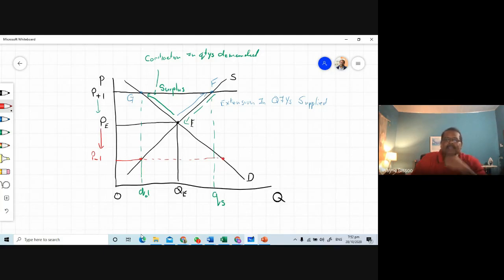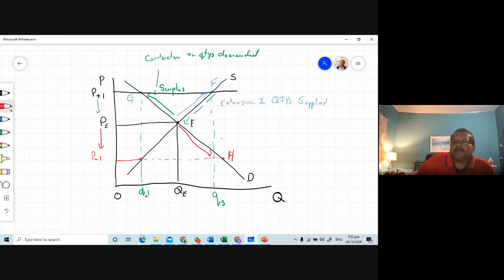So what's happening is that the first thing that's going to happen is that the quantities demanded are going to increase. Or the better phrase is that there's going to be a movement along the demand curve from point E to this point here, not F, but let's call this point H. All right, from E to H.